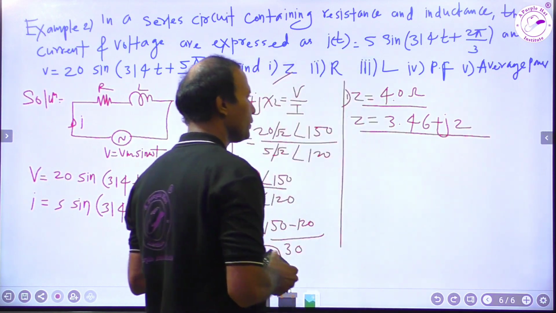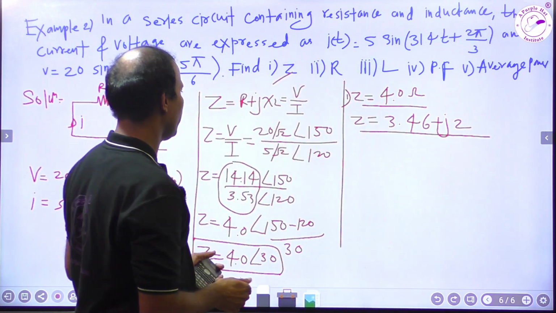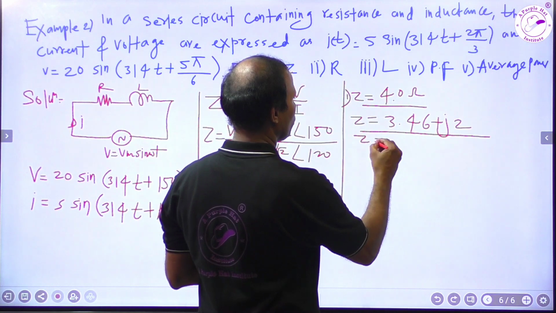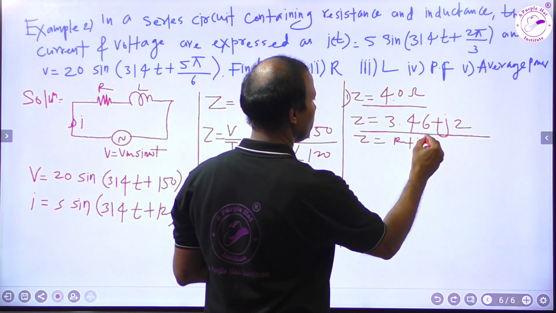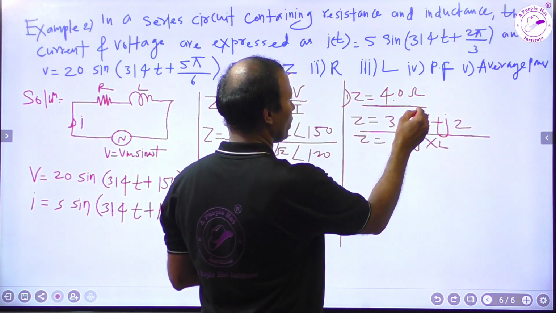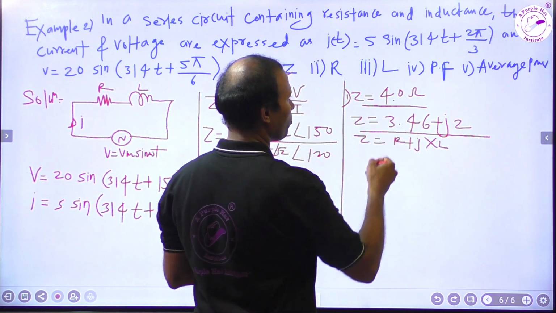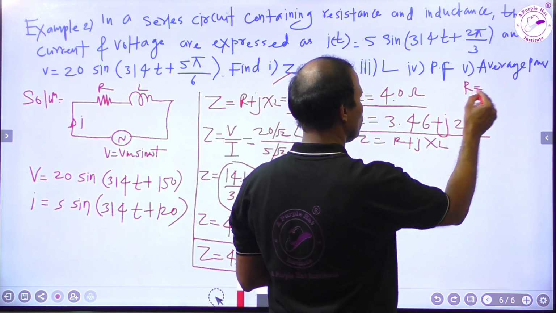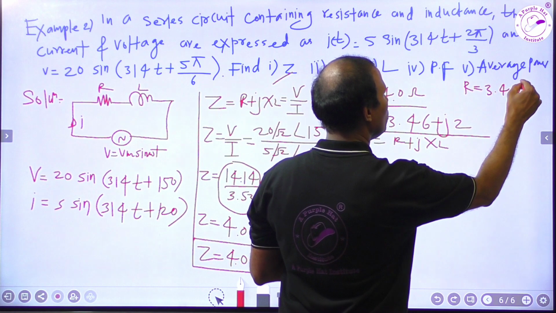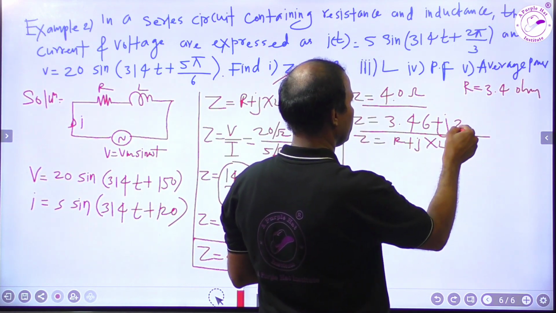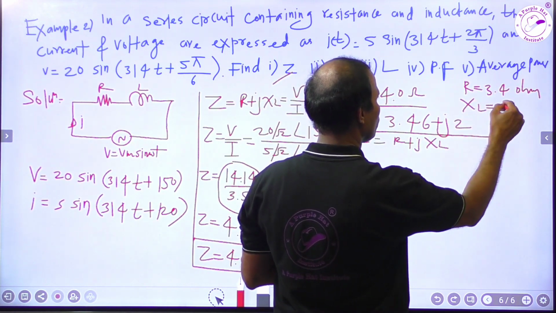This is my impedance. Okay, now if you compare with standard form, Z is equal to R plus J XL, your resistance is this 3.46. So R is equal to 3.46 ohm, and this is inductive reactance XL is equal to 2.